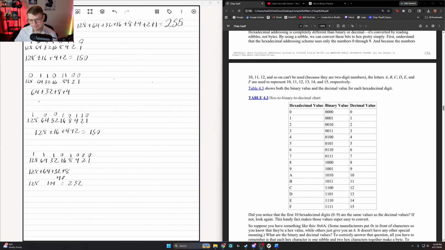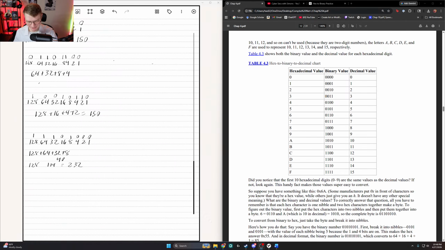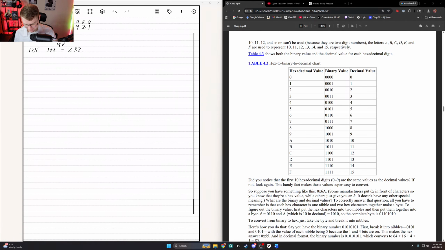Sorry about that. All right, let's work on hex to binary conversions. Okay, we'll make some new space on here. I just want to spend a little bit of time on this one and then work through a few examples. So we have our hexadecimal value, our binary value, and then the decimal value.